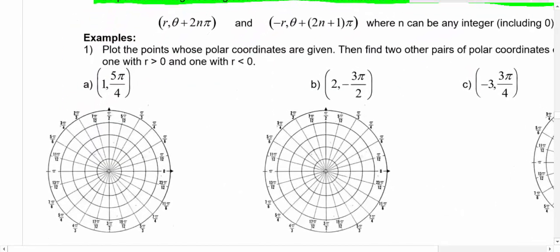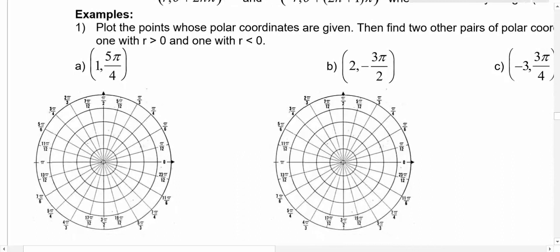This is typical polar mode, if you will, or polar graph paper. You can certainly Google it and find some, or you don't actually need it because here is your y-axis. Oops, it's not straight, sorry. And here is your x-axis or the polar axis.